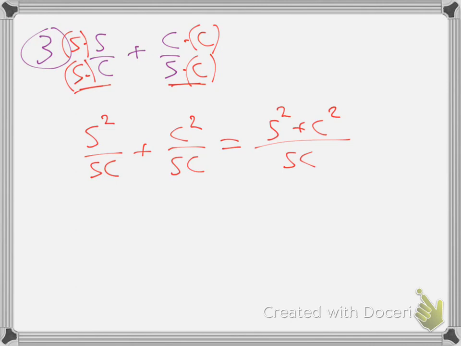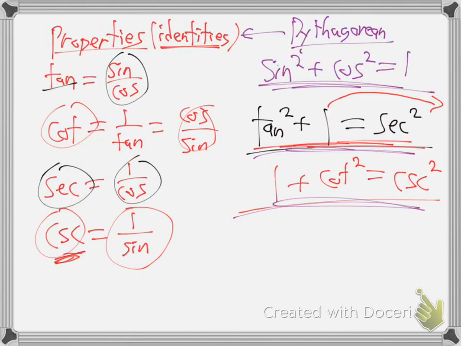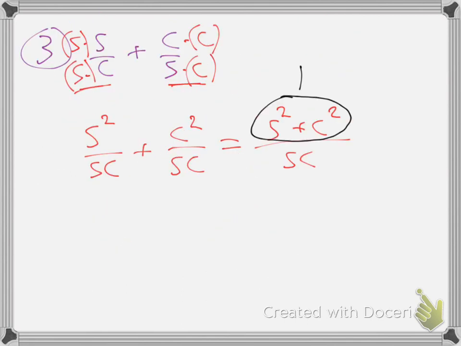Now, any thoughts at this point? Yeah, remember this is 1. That's one of our properties right here. Good. So this becomes 1 over SC, sine cosine.